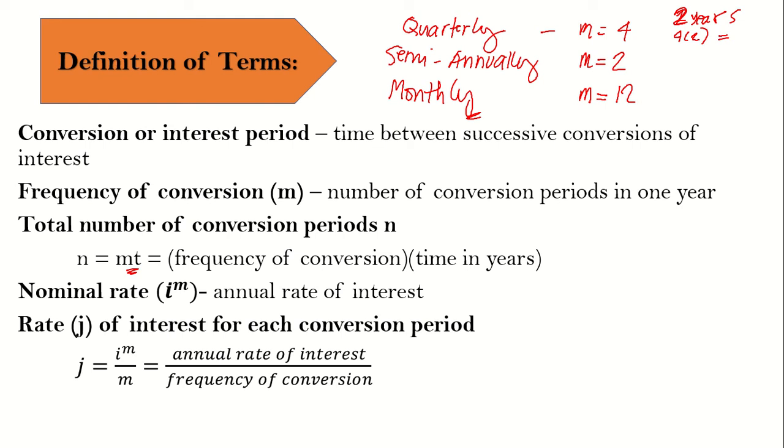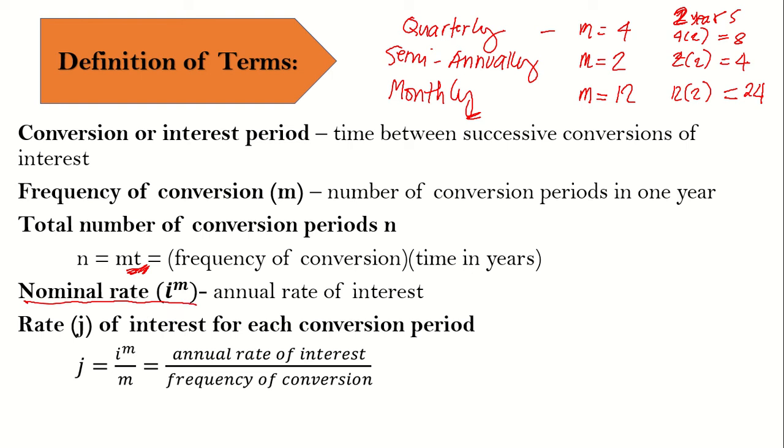So therefore, you have 8 conversion periods. For semi-annually, this is just equal to 2 times 2. For 2 years, we have 4. 12 times 2. For 2 years, you have 24 conversion periods. You will just simply multiply the frequency of conversion times the time in years.